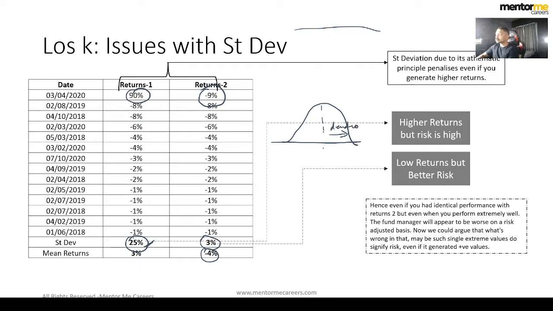In fact, you should actually get penalized for only the negative values. That's at least what the concept is. So the reason is, again, because finally it works on the principle of mean. Even in case of standard deviation, you are summing up and dividing by n minus 1. So the effect is similar to what happens to the arithmetic mean.